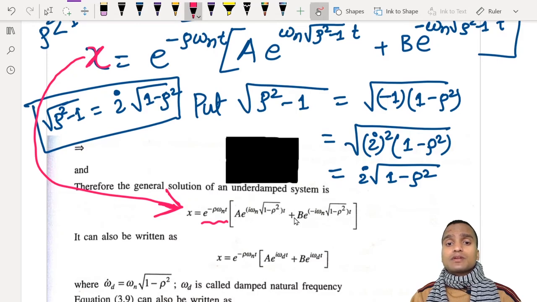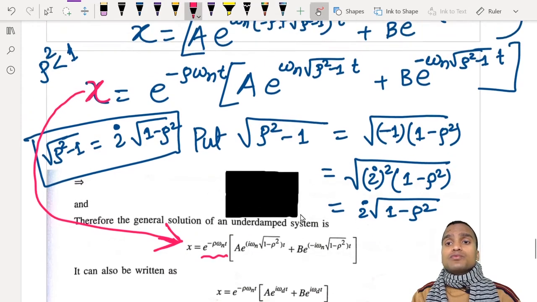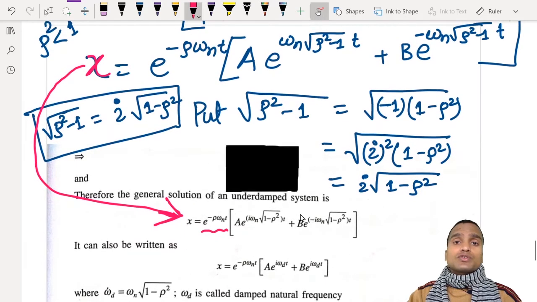Here we have replaced under root rho square minus 1 by iota under root 1 minus rho square. Similarly here also, plus b into e to the power minus iota omega n into root under 1 minus rho square multiplied by t. So this is a little rearrangement done.